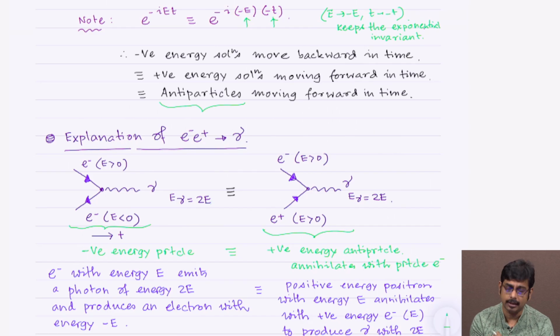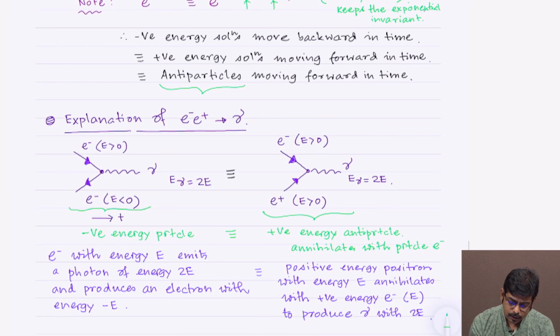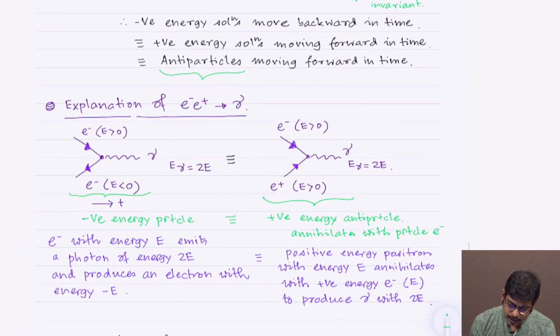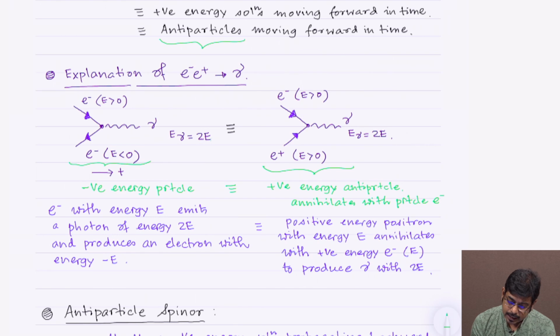But let us for the time being think of a possibility where you have an electron coming with an energy E greater than 0, and it emits a photon with energy 2E, say for example. Therefore, it produces another electron with energy minus E, from energy conservation.